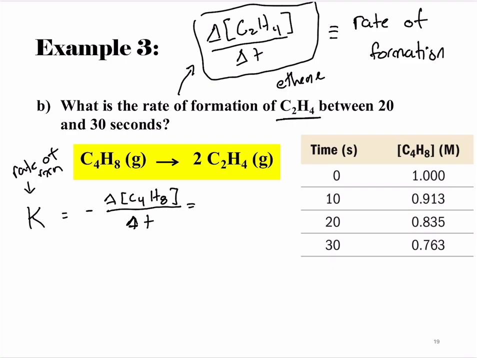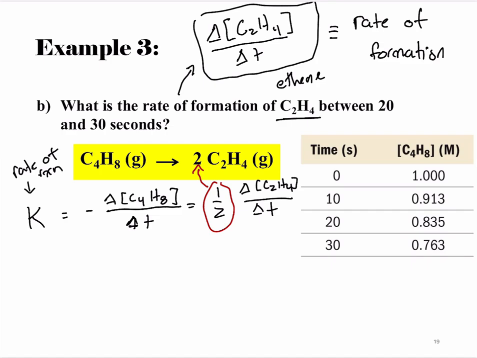This is also equal to, what is it equal to in terms of ethene here, which is C2H4? 1/2, right? Because the stoichiometric coefficient is 2, times the change in concentration of ethene over the change in time.